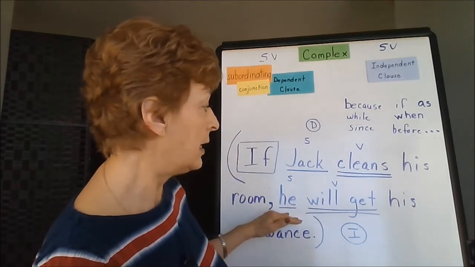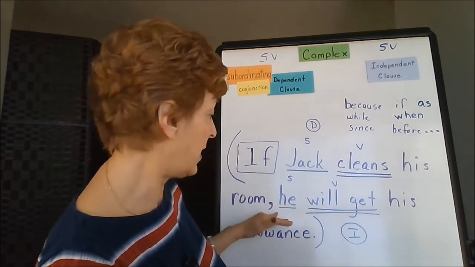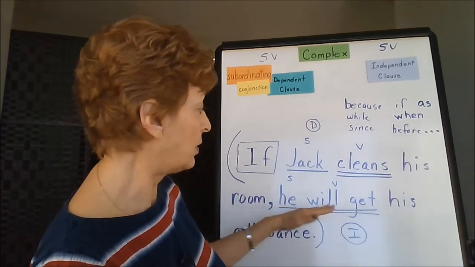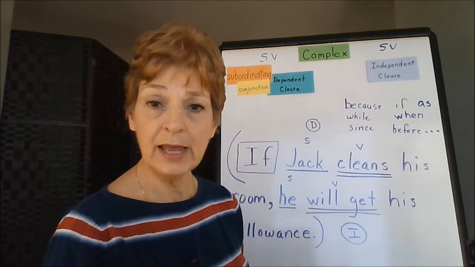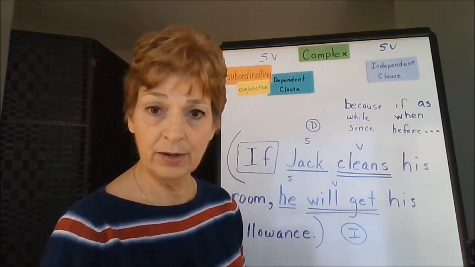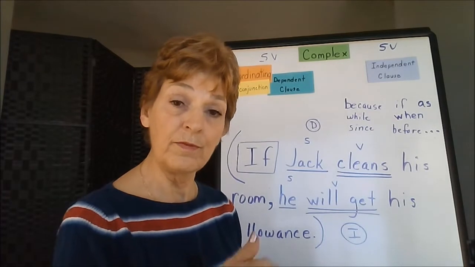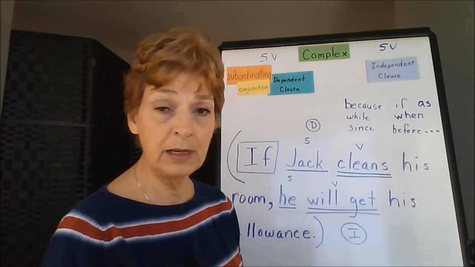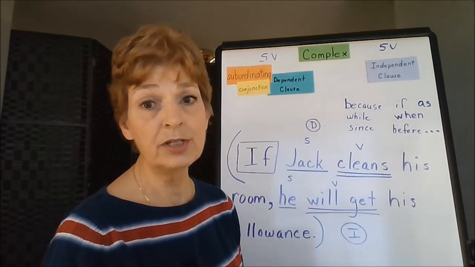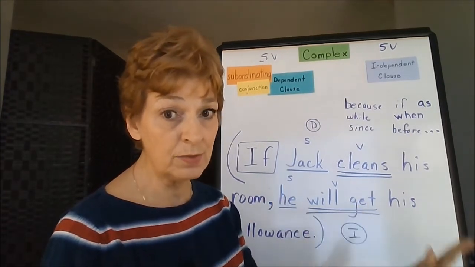So it would be, he will get his allowance, or you might say Jack instead of he. Jack will get his allowance if he cleans his room. There's kind of a conditional idea going on here. Jack just doesn't get the money. He's got to clean his room first. And usually that's expressed with an independent clause first. Jack will get his allowance, and here comes the condition, if he cleans his room.